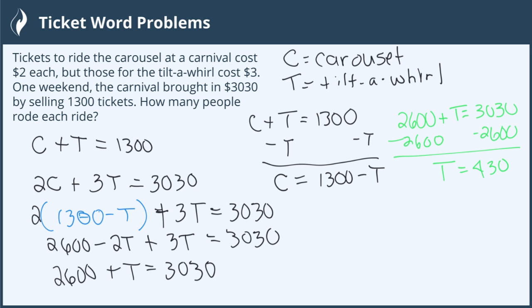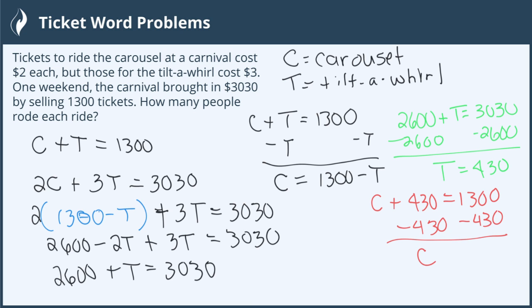So all we have to do is put that back into the original equation, C plus T. Now we know T is 430, so C plus 430 equals 1,300. Then I'll subtract that from both sides.